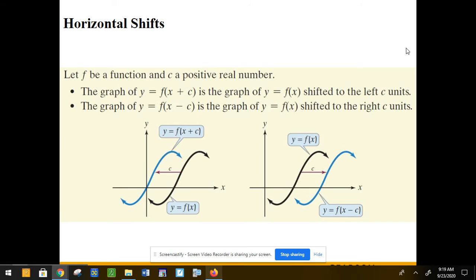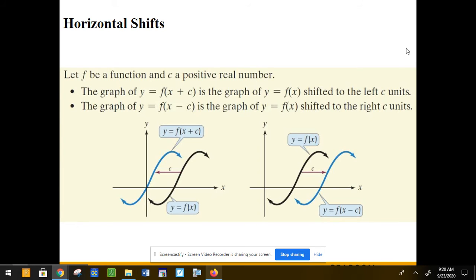Now let's talk about a horizontal shift. This is when you're adding or subtracting something on the inside. Plus on the inside moves it left. Minus on the inside moves it right. That might be counterintuitive because you think on a number line, positive is right, minus is left, but it's counterintuitive to the reaction to the function.